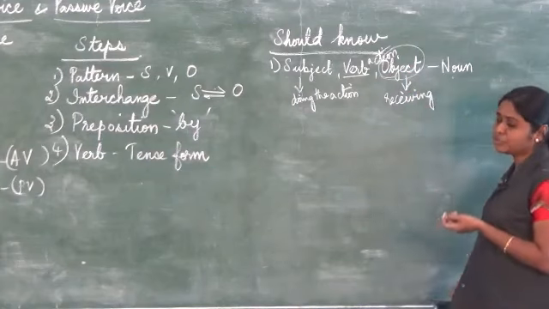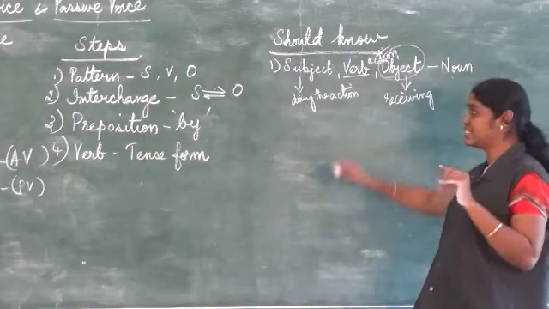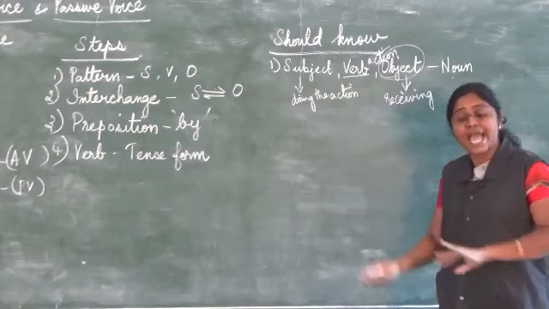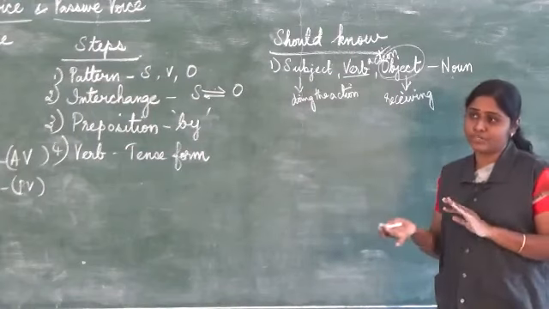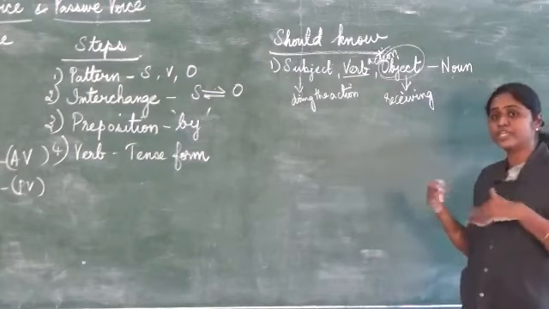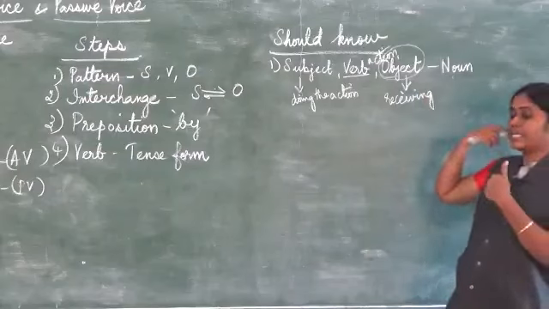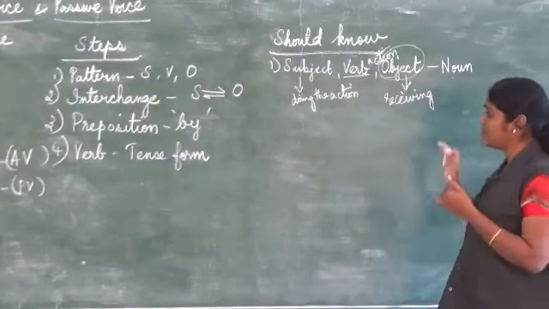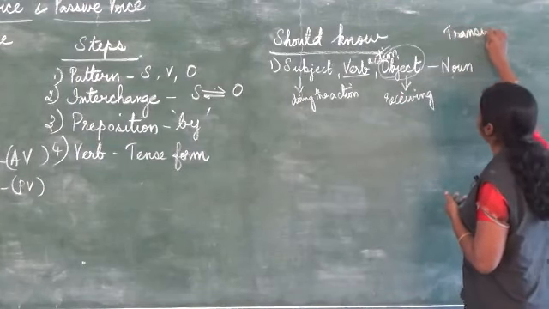There are certain exceptional cases, but one important thing is you should see whether the sentence has object or whether the sentence can have object. If it can have object also, you can change it into passive voice. But if there is no object, or if it cannot have an object, you cannot change it into passive voice. Clear? So that is what we call it as transitive verb and intransitive verb.